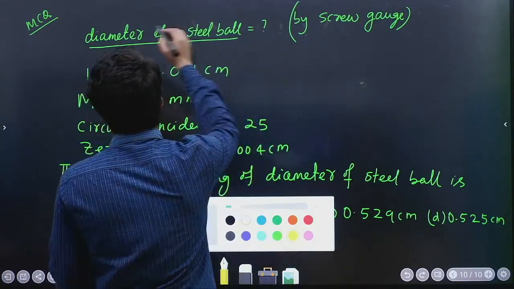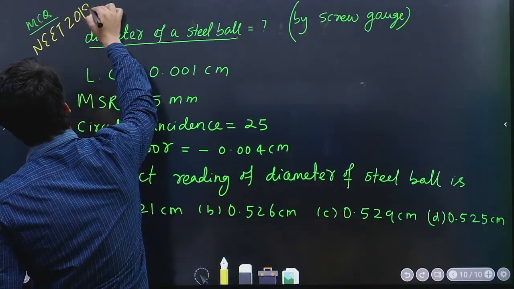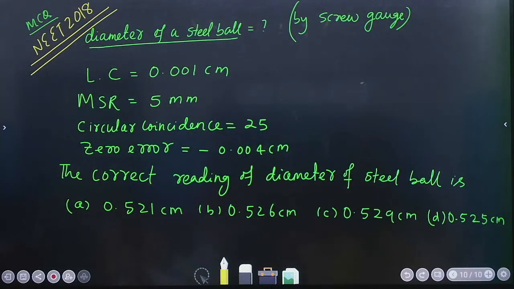So this is your NEET 2018. What is coming?